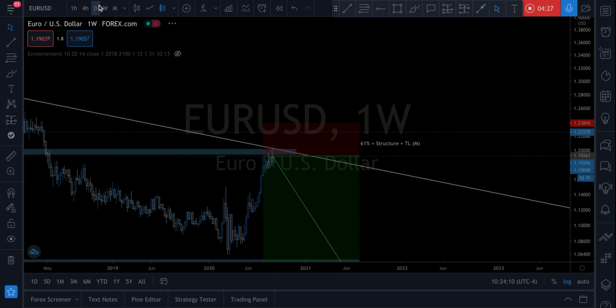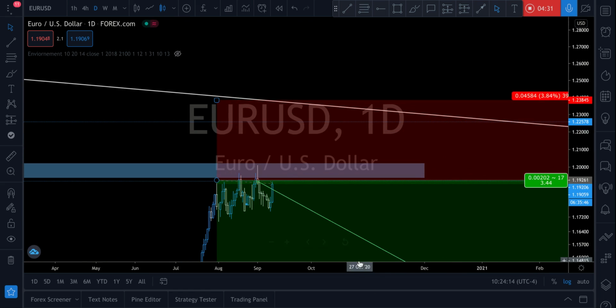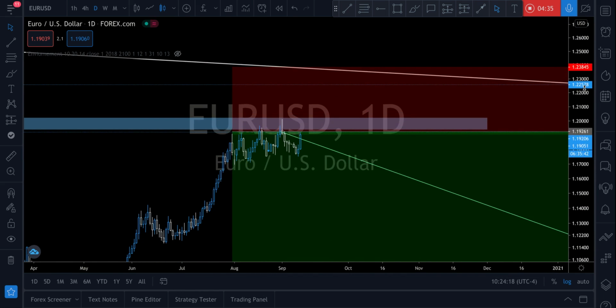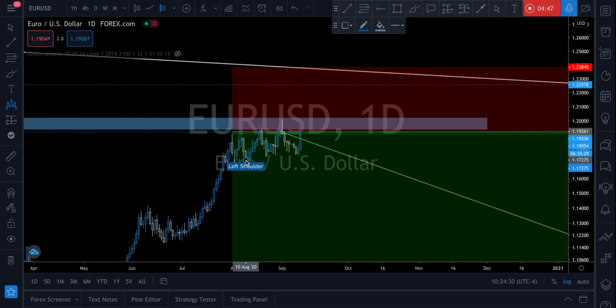So if we go down to the daily, let's see what's going on here. As you would imagine, based on those candles, we're seeing a lot of consolidation. Potentially, we can have a head and shoulders pattern forming right here. Let me show you more or less what that would look like.